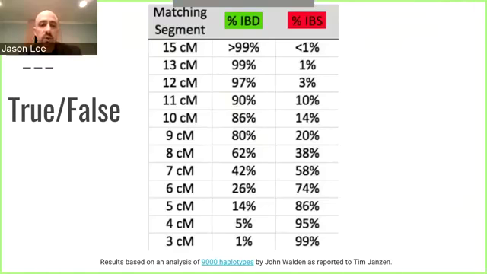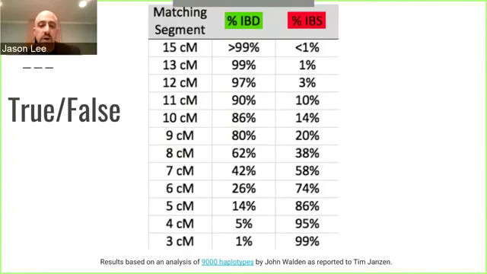So we see with 15 centimorgans, greater than 99% of our matches are good matches. Fewer than 1% of our matches are bad matches at that level. But as we go down, the percentage of good matches goes down, and the percentage of bad matches goes up, and it goes up pretty relentlessly.